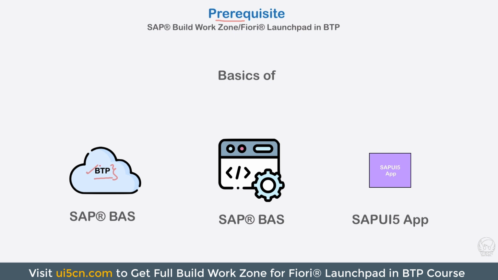Even if you have a basic idea about how the structure of SAP BTP is, like you have first your organization inside your BTP, then you have your space, and within the space you basically will be putting your application. So very basic idea or background of SAP BTP is required. If you want to know more about SAP BTP, our SAP BTP basic, intermediate and advanced course is highly recommended.